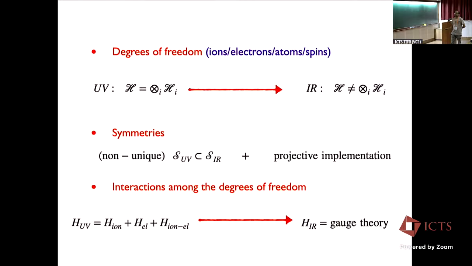And because of the entanglement, we generically get a long-range interacting theory, which is naturally given in terms of a gauge theory or generalized electromagnetism. So these are the reasons why we need to understand and revisit many of the things that we know so well for symmetry broken states.